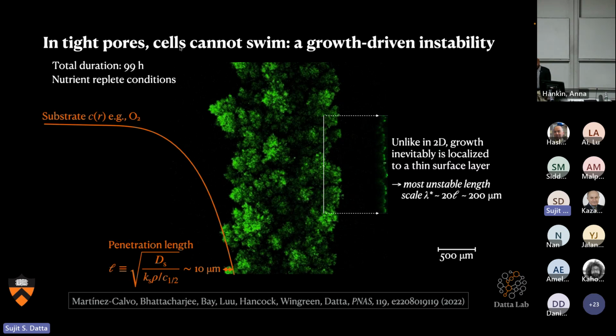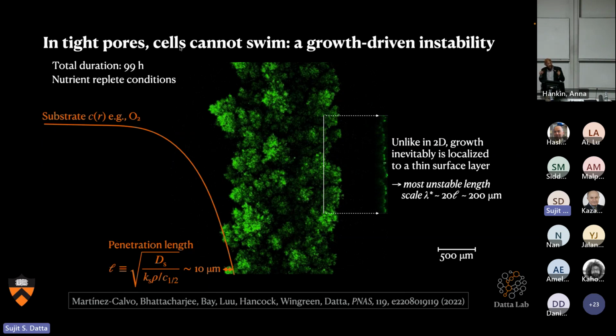And indeed, through imaging, we found that growth and metabolic activity is just localized to a thin surface layer at the surface of these growing colonies, right? And so what we did is we constructed a model of these growing colonies, treating them like active fluids, where now the fluid pressure is related to nutrient availability.